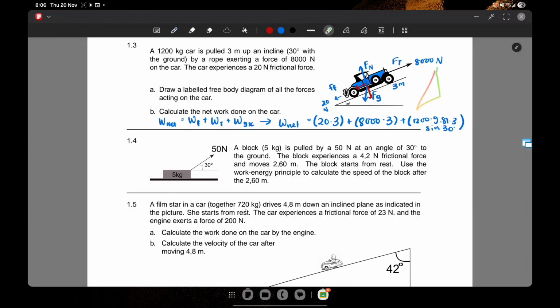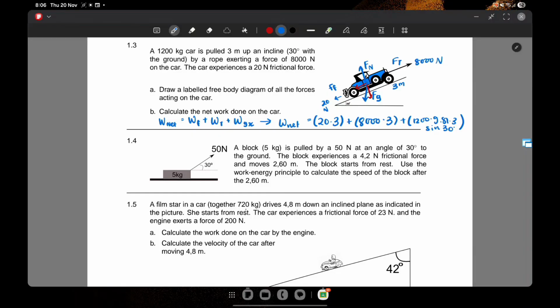and if this is 30, and we know what this is, which is mass times gravity, and then the distance, the formula becomes this to find the horizontal component going against tension.